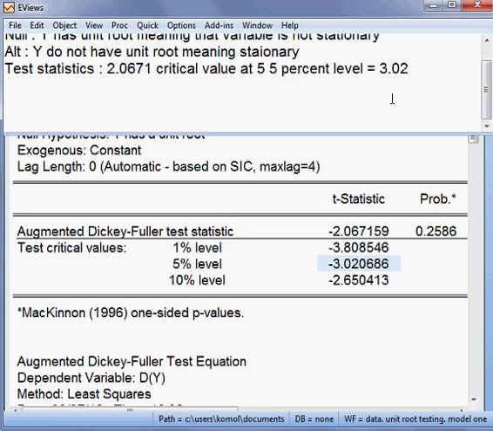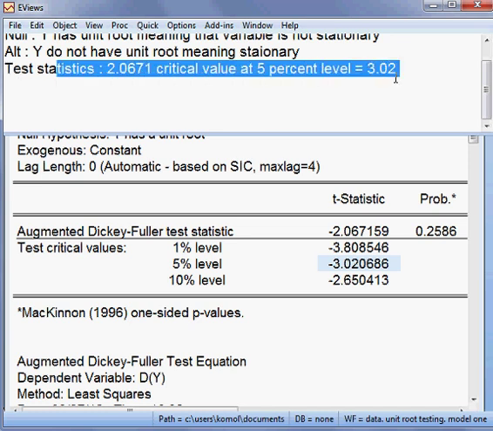That is the critical value at the 5% level. As a result, the test statistic is less than the critical value, meaning that we cannot reject the null hypothesis. Rather, we accept the null hypothesis.